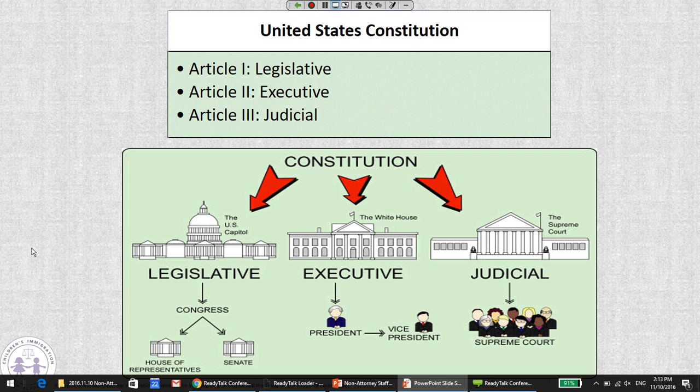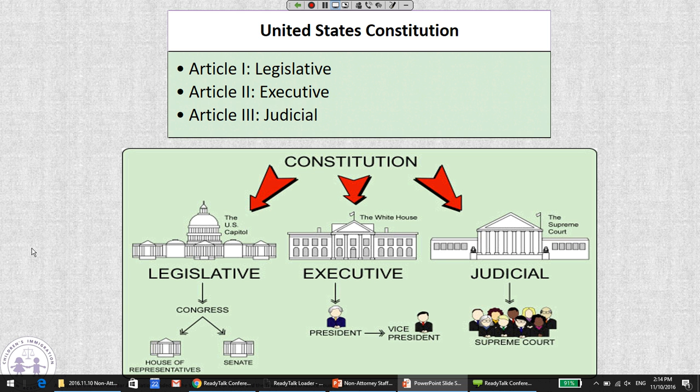Moving on to the U.S., the foundation of everything, as everybody knows, is the Constitution. Within the Constitution, the first three articles create the legislative, executive, and judicial branches of government. The legislative branch makes the laws, the executive branch enforces the laws, and the judicial branch interprets the laws.